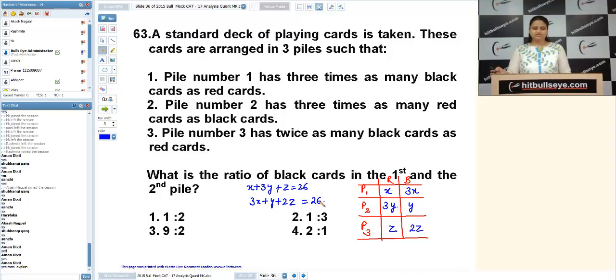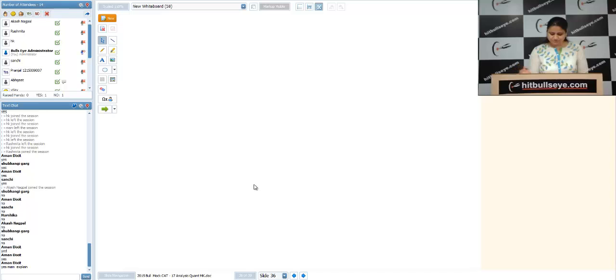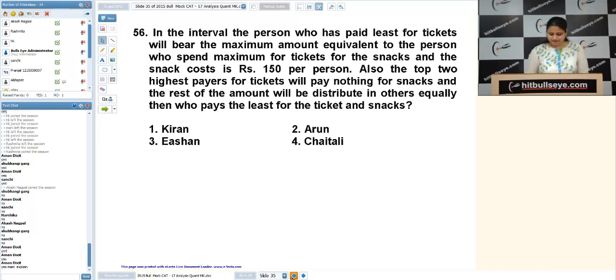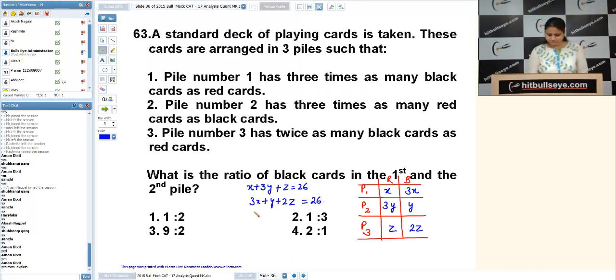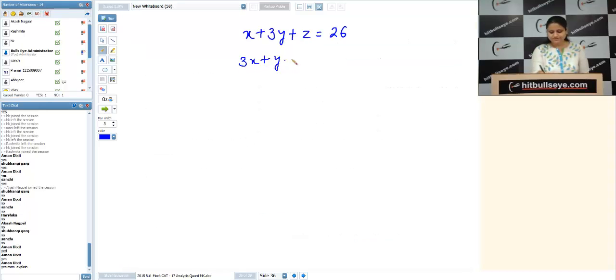So we will go by the hit and trial method. You could take the subtraction of these two equations to eliminate one variable, then you could try values of x and y. Let us see. The first equation is x plus 3y plus z is equal to 26, and the second equation is 3x plus y plus 2z, that is also equal to 26.